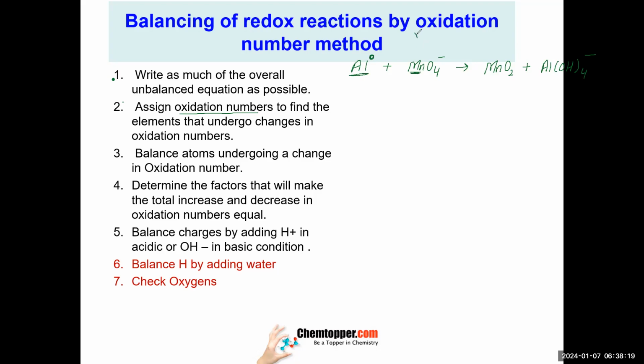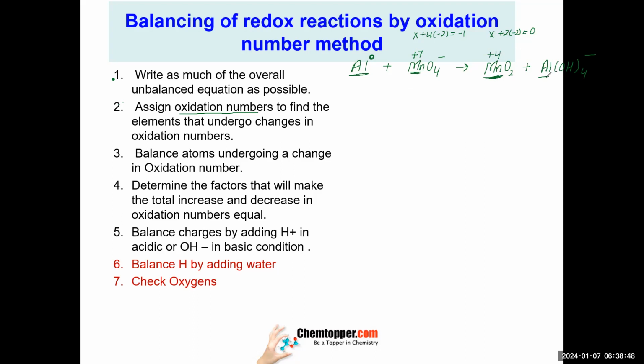So X plus 4 times -2 is -1. So Dhruv is right. It is +7. What is manganese here? This manganese. Use the same rule. X plus 2 times -2 is 0. It is +4.